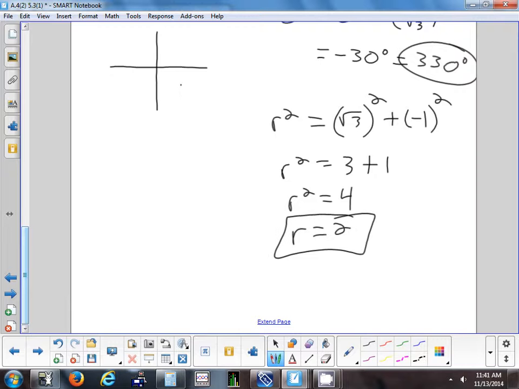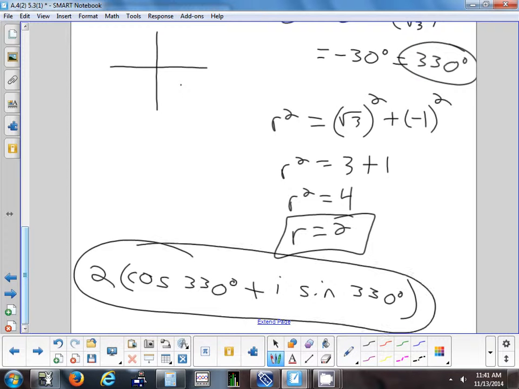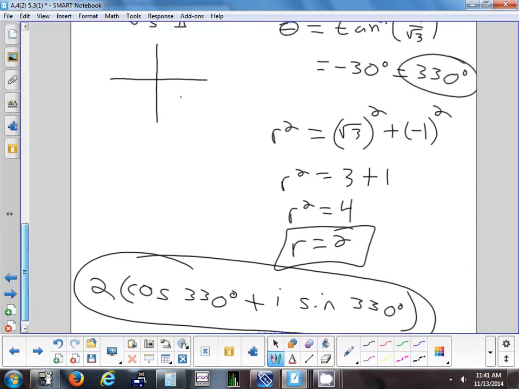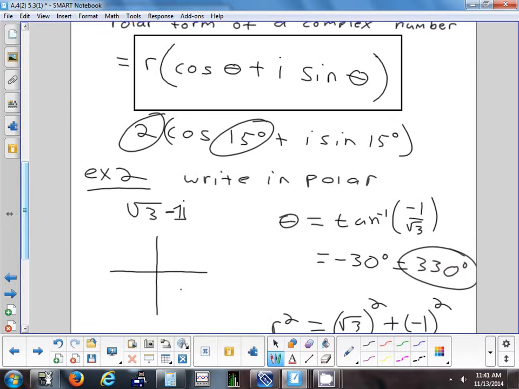Now we can write our final answer. The final answer is r cosine theta plus i sine theta. 2 cosine 330 plus i sine 330. And that's it. You don't do that out. If you do this out, you're going to change it back to what you started with.